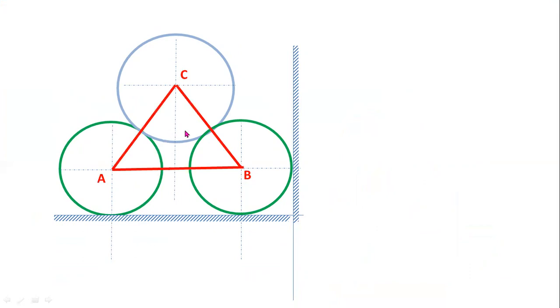Just consider this triangle to determine the angle of inclination theta with respect to the horizontal. From the given question, the radius of bottom cylinder A is 20 centimeters, the radius of bottom cylinder B is also 20 centimeters, and the radius of the top cylinder is R equals 25 centimeters.